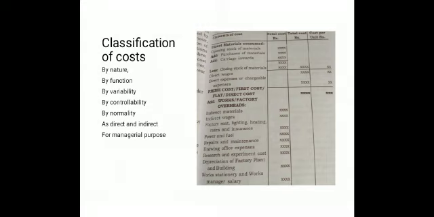Now come to the point of classification of cost by function. According to this classification, cost is divided according to the purpose for which they are incurred. It leads to the grouping of cost according to the broad division of activity: production, administration, and selling and distribution.